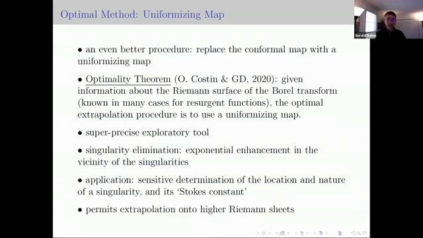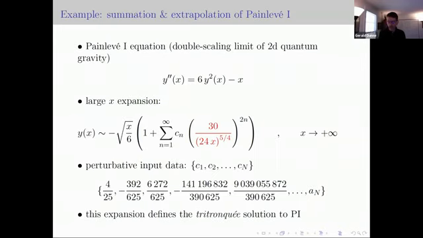I'm going to show you an example here now, and in the spirit of what we've seen so far, I'm going to pick yet another Painlevé equation. So Adri already talked about the Painlevé-1 equation, and using the techniques he described, you can also get incredibly accurate, what are effectively summations, solutions of the differential equation.